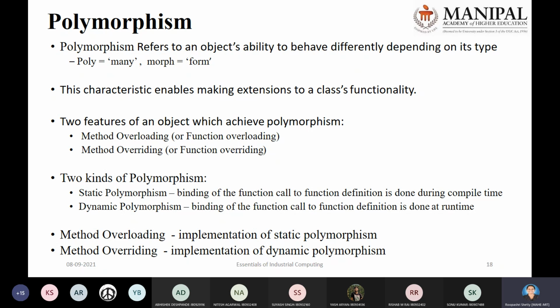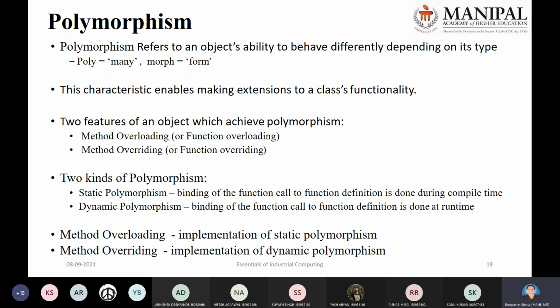dynamic polymorphism. Function overloading is nothing but the implementation of static polymorphism, where the function call is bound to the function definition during compile time. Whereas function overriding is an implementation of dynamic polymorphism, that is, during runtime the function call is bound to the function definition.